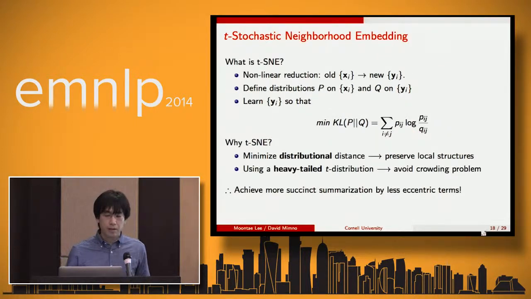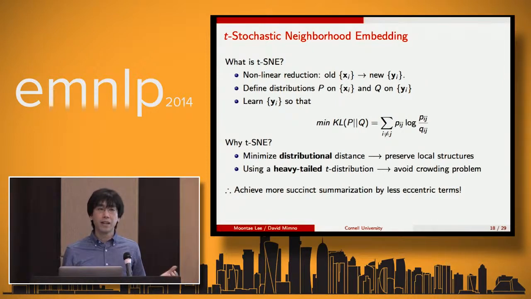So briefly, what t-SNE does is it is a nonlinear dimensionality reduction scheme mapping the old representation X to the new representation Y. First of all, we define distributions on the old representation and new representation, and the goal is to minimize the distance between those distributions.